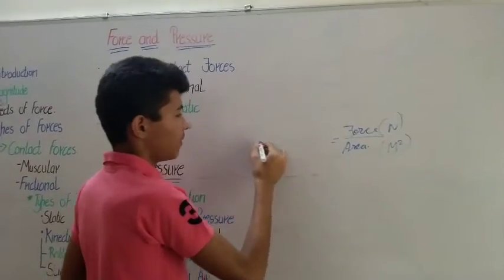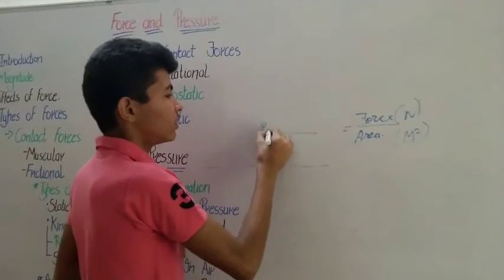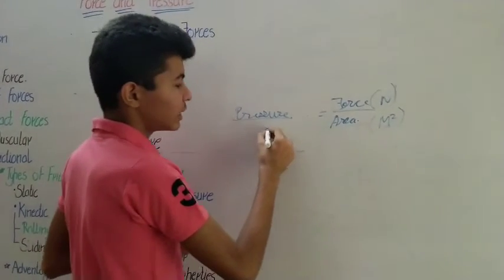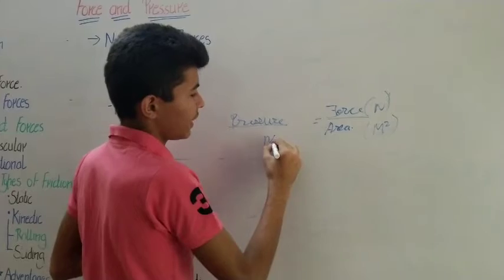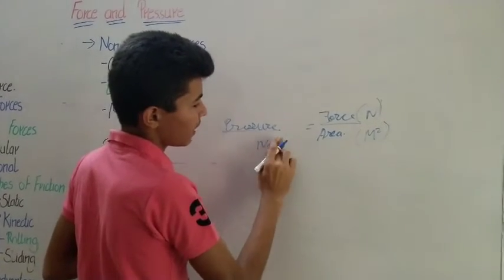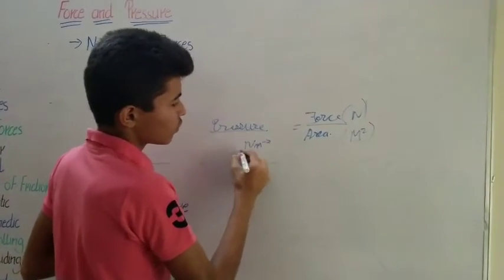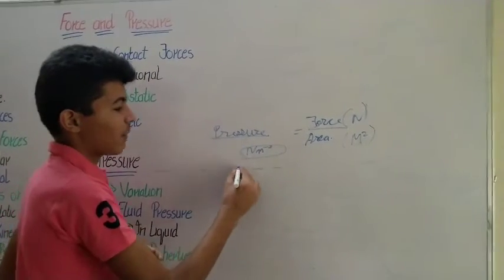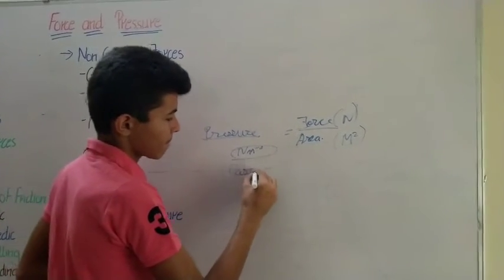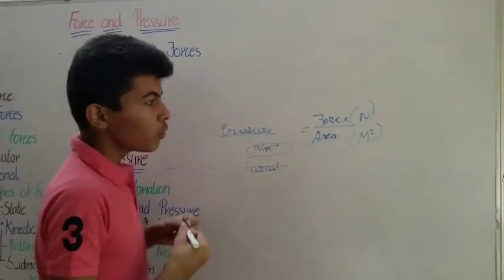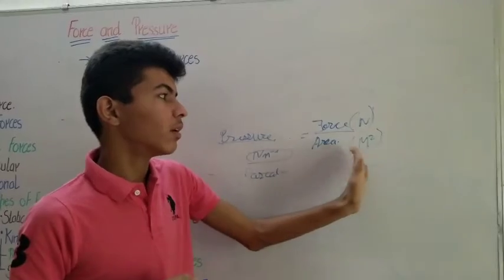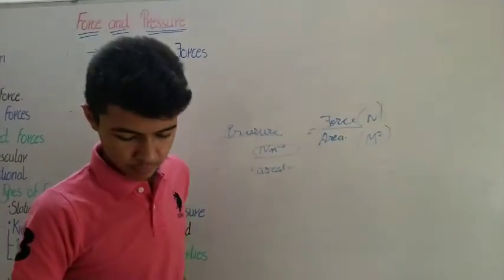So the SI unit of pressure would be Newton per meter square, N m^-2. In science we have its name as Pascal. To convert it to Pascal, you have to take the units as meter square and newtons.